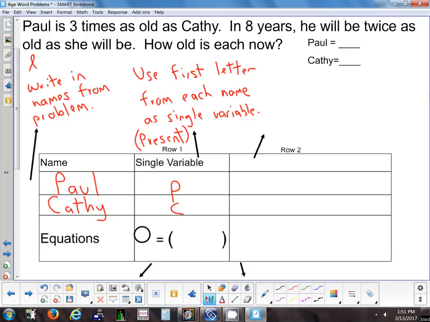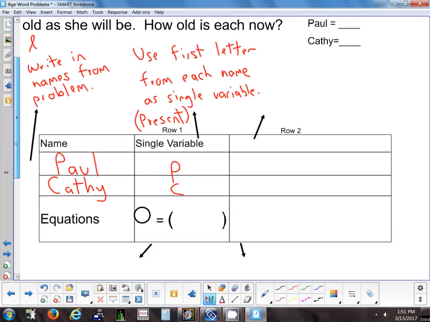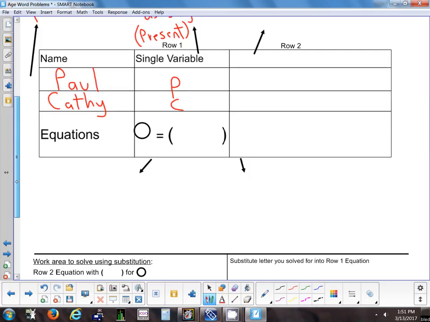We're representing Paul in the present as P, and we don't know his age. We're representing Kathy in the present as C. Usually it's the first sentence in the problem that talks about the present. So let's go down here to the first arrow on the bottom.